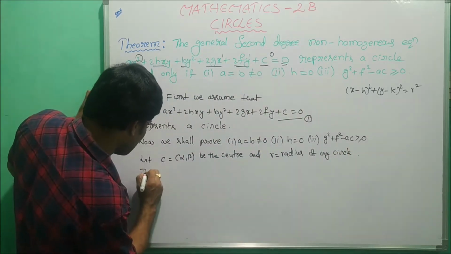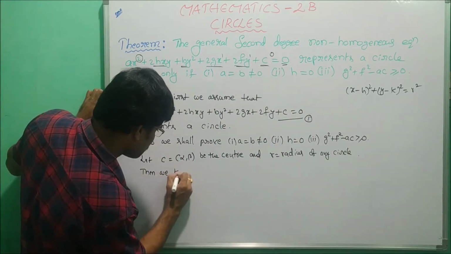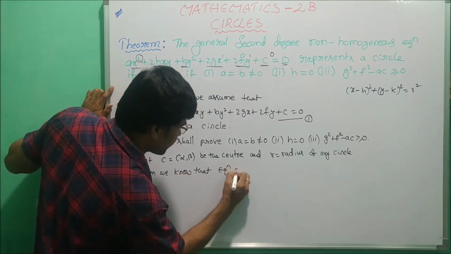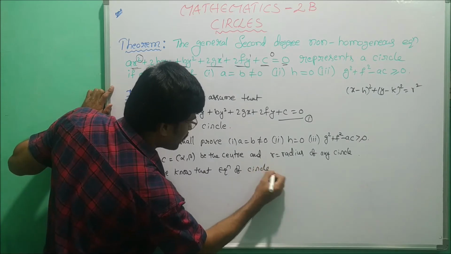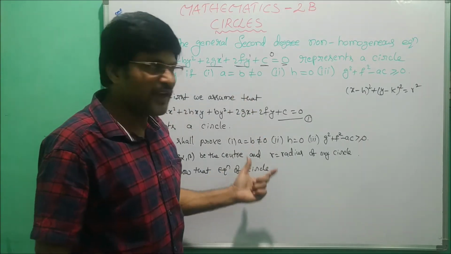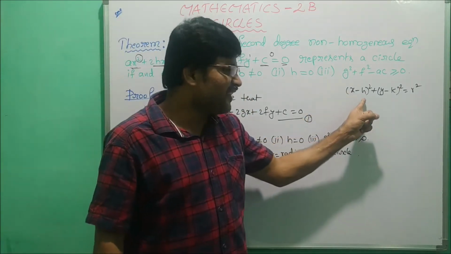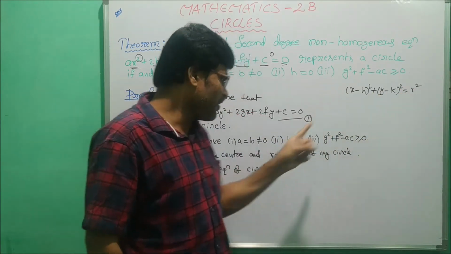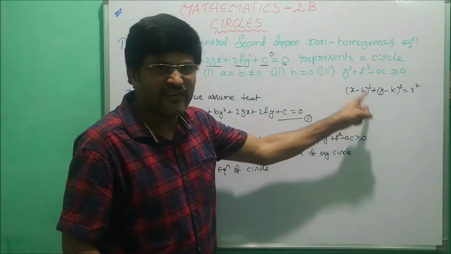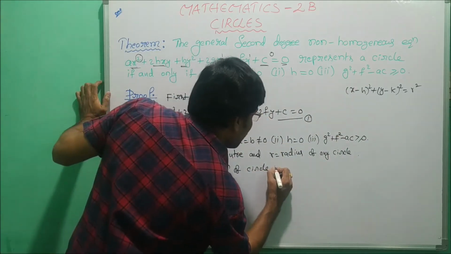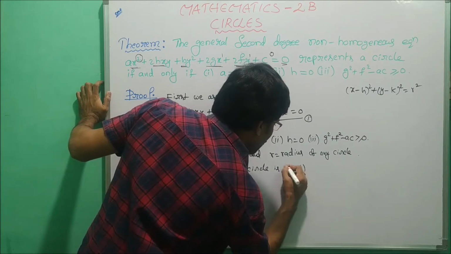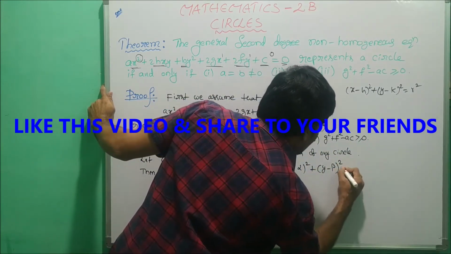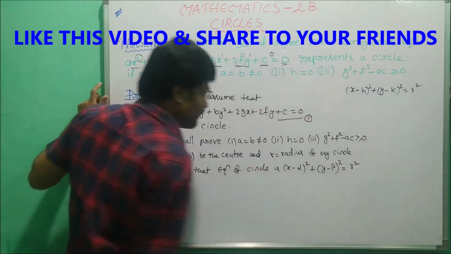Then we know the equation of a circle is (x minus h) whole square plus (y minus k) whole square equals r square. Now we substitute the center, so the equation is (x minus alpha) whole square plus (y minus beta) whole square equals r square.